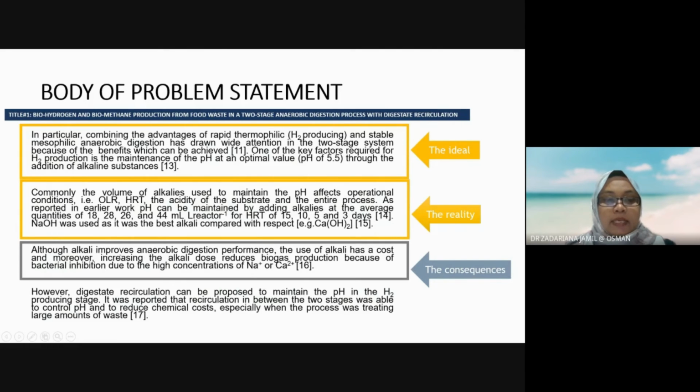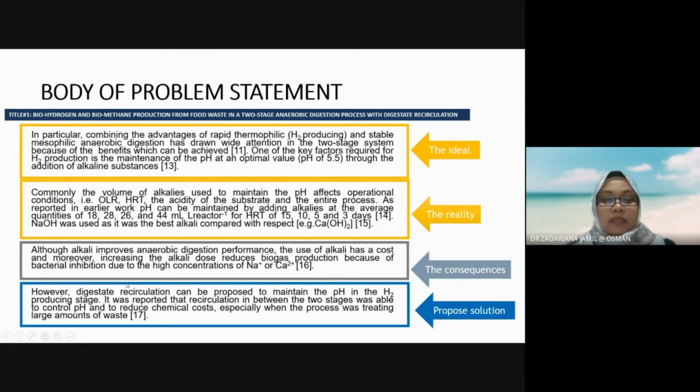Although alkali improves anaerobic digestion performance, the use of alkali has a cost, and moreover, increasing the alkali dose reduces biogas production because of the bacteria inhibition due to the high concentration of sodium ions or calcium ions. By adding the alkali, the consequence on the process is actually reducing the biogas production because of the inhibition of the bacteria.